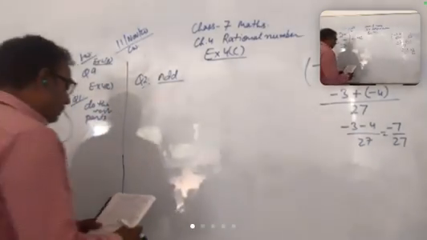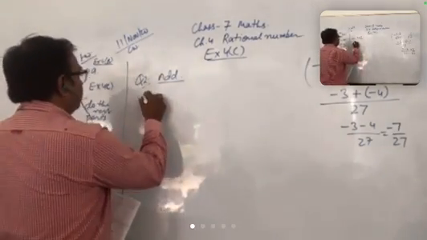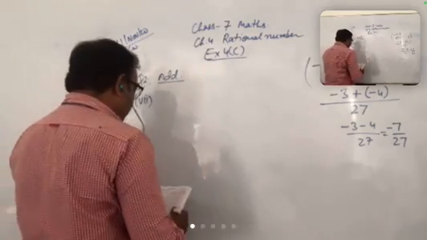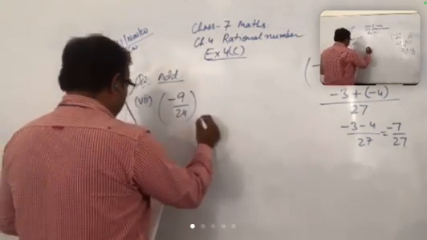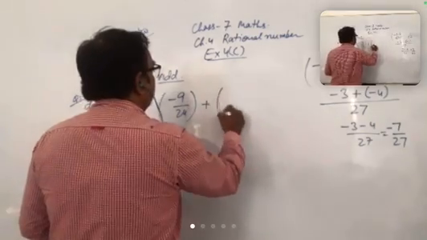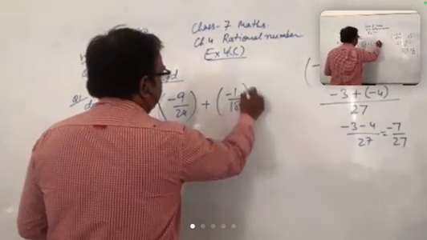Now let us see the seventh part also. In this, the number is minus 9 upon 24 plus minus 1 upon 18.